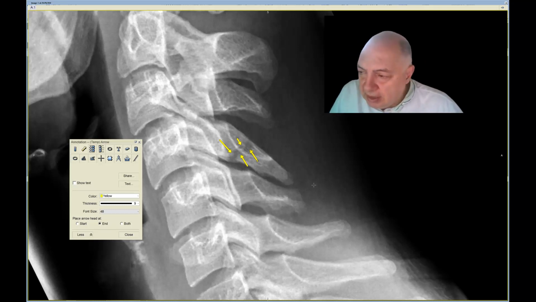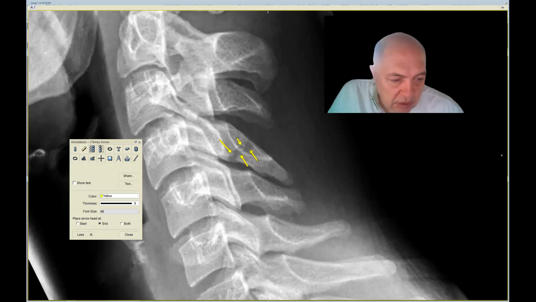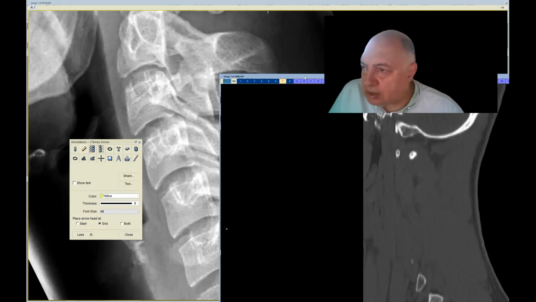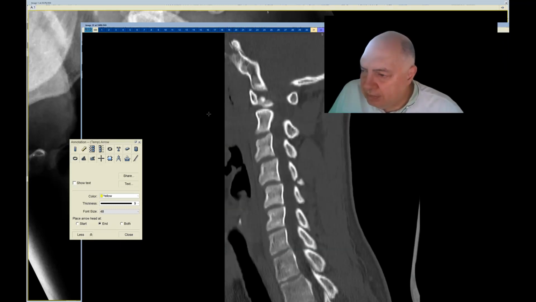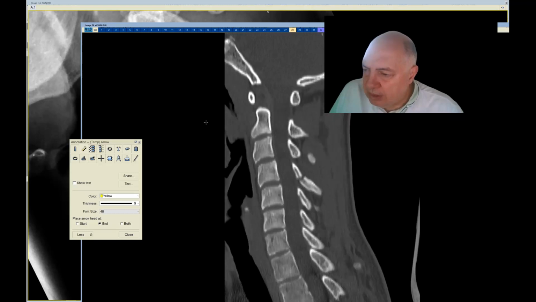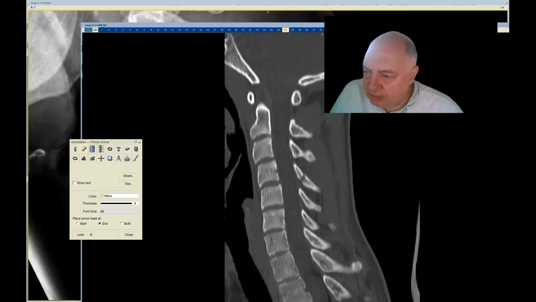Now, if you suspect a fracture in the spine, you should always go to a CT. So I'm going to show the CT just to confirm the diagnosis. There again we have the fracture.